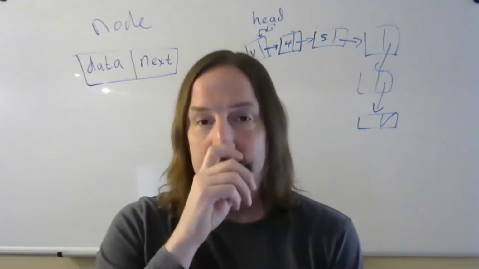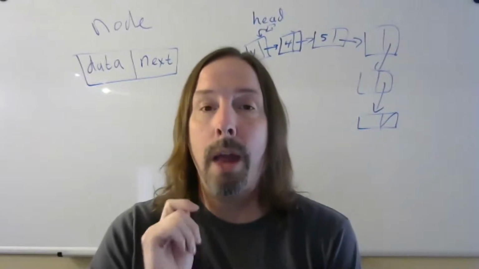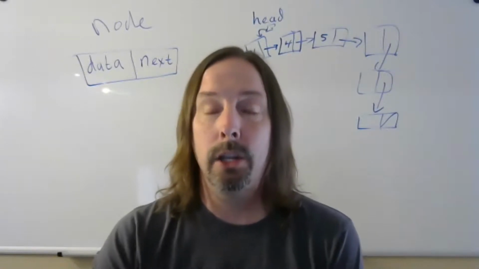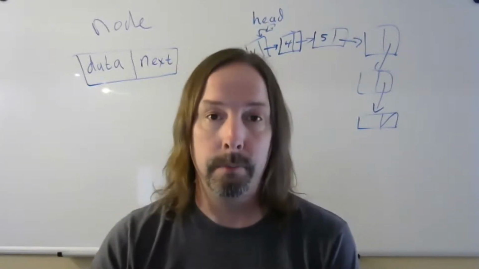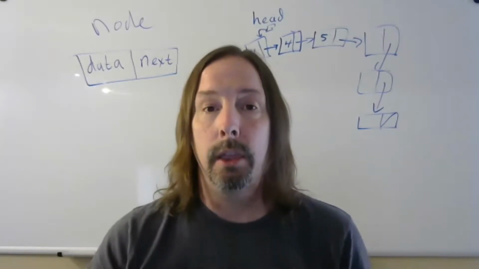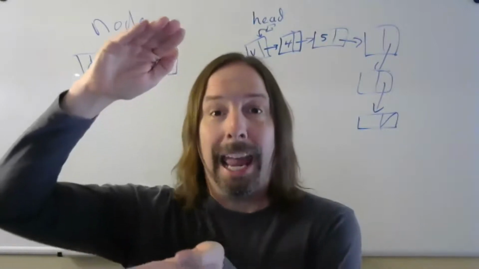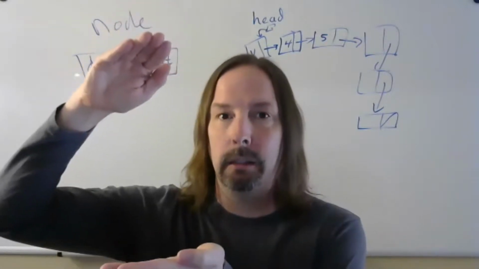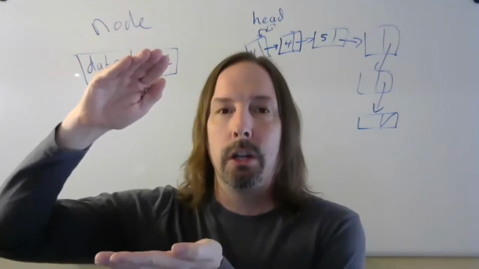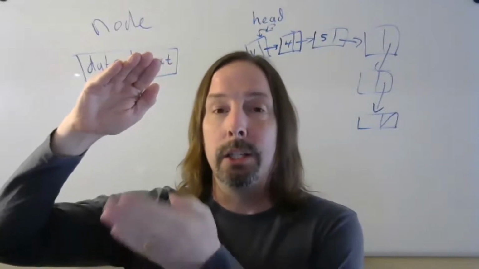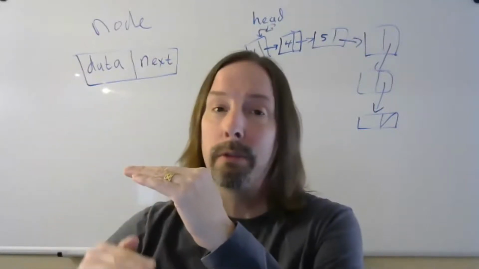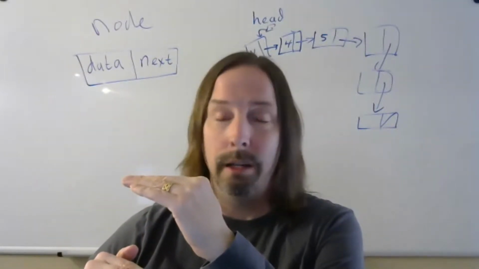Now, the next thing I want to talk about is size. In a linked list, you don't have to keep track of how big it is. In an array-based list, you absolutely have to. And here's why. In an array-based list, you have an array, and the array has a capacity. And the array is split up into two sections. Section 1 is the part of the array that is in the list. And section 2 is the part of the array that's left over that is not in the list.